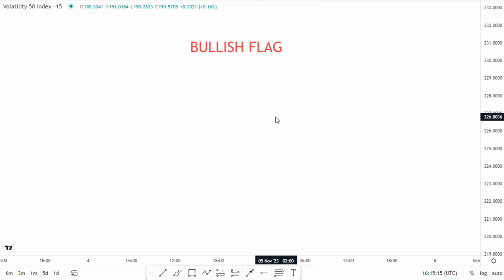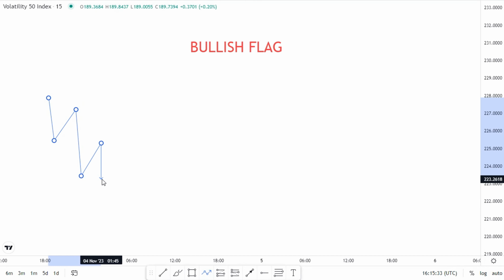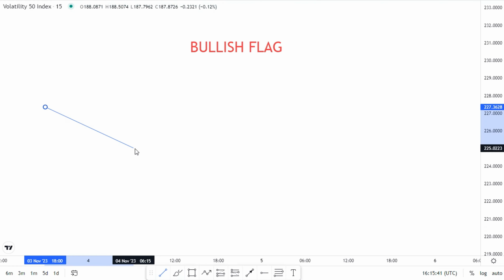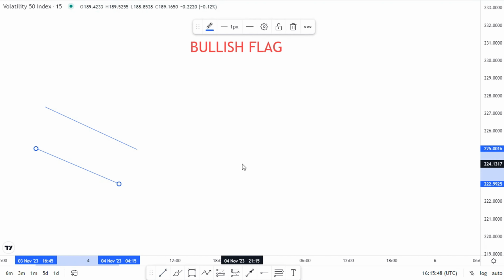So starting with the bullish flag pattern, we have this kind of trend happening here, a downtrend or bearish market movement. Sorry, so I'll start with the trend.